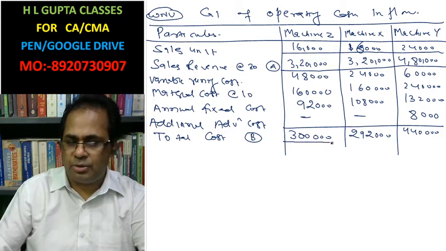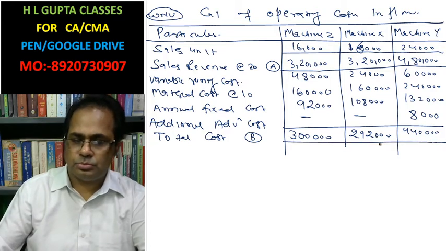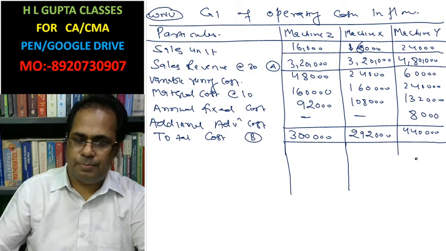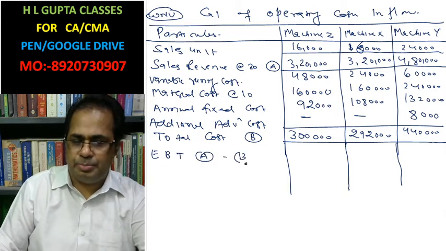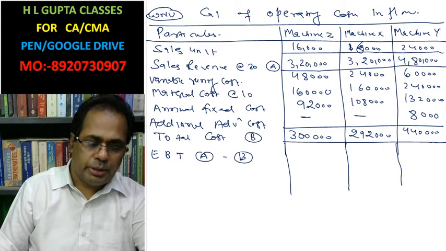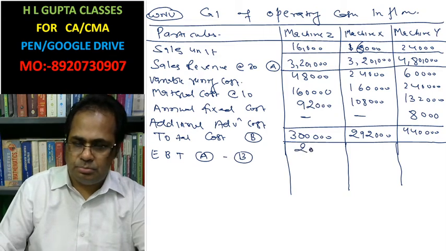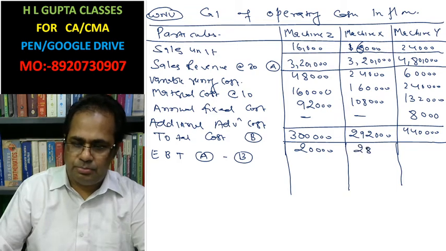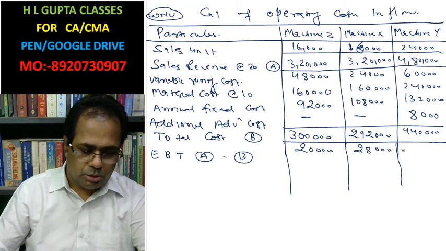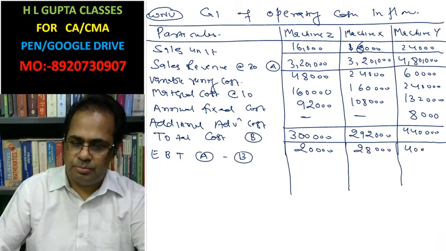Now we can calculate earning before tax. Earning before tax is A minus B. Here 20,000, this is 28,000, this is 40,000.